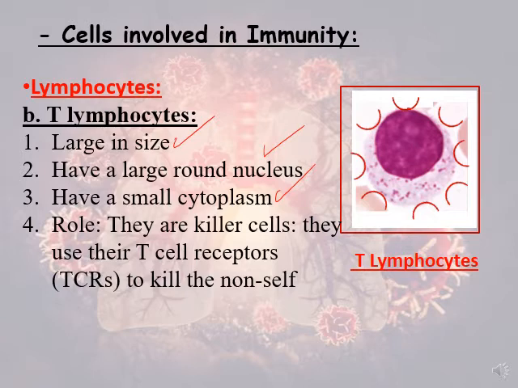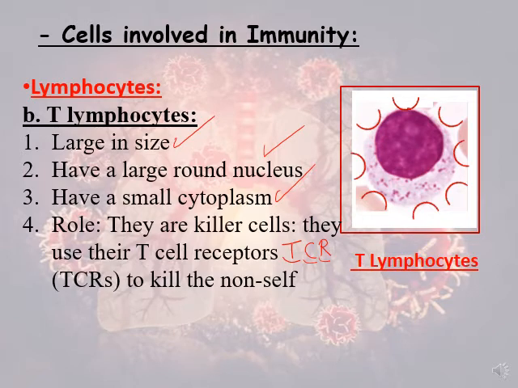B lymphocytes have antibodies on their surface and secrete antibodies to kill the non-self, while the T cells are killer cells. Why are they killers? Because they use their T cell receptor, written as TCR, to kill the non-self.